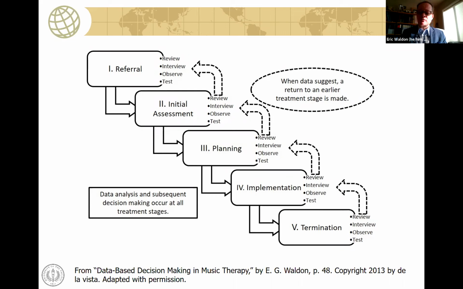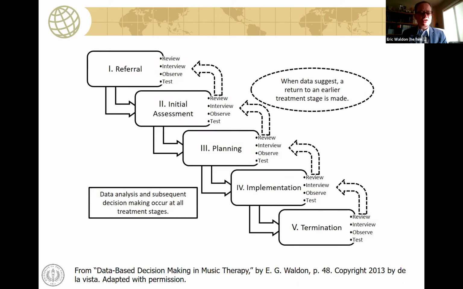This is where we've accepted a referral, and we've made the determination that this person will benefit from music therapy services based on the preliminary information that we have. And so we're using a review of records. We're interviewing the client. Where appropriate, we're also interviewing family members or other members of the interdisciplinary team to continue to collect information.